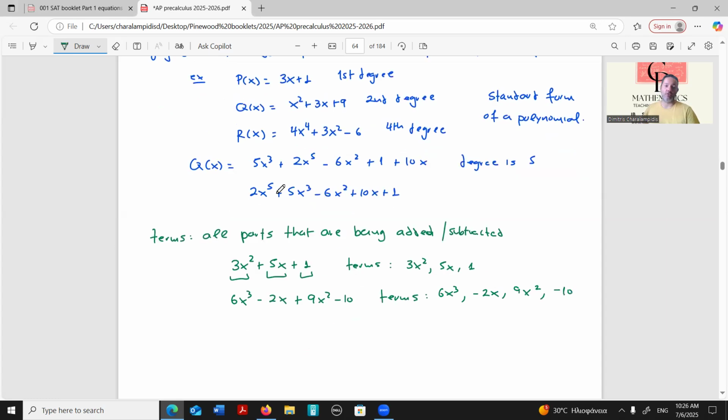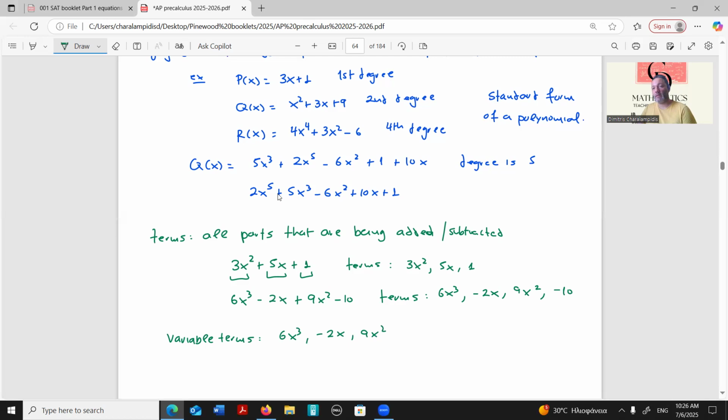You do see also that some of these terms include variable parts. These are called variable terms. Variable terms are the terms that include a variable part: 6x cubed, negative 2x, and 9x squared, regarding our last example.